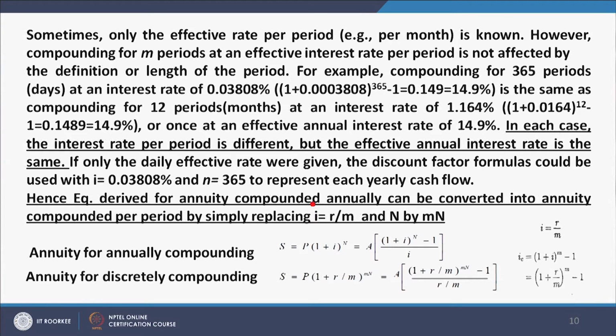In each case the interest rate per period is different, but the effective annual interest rate is the same.